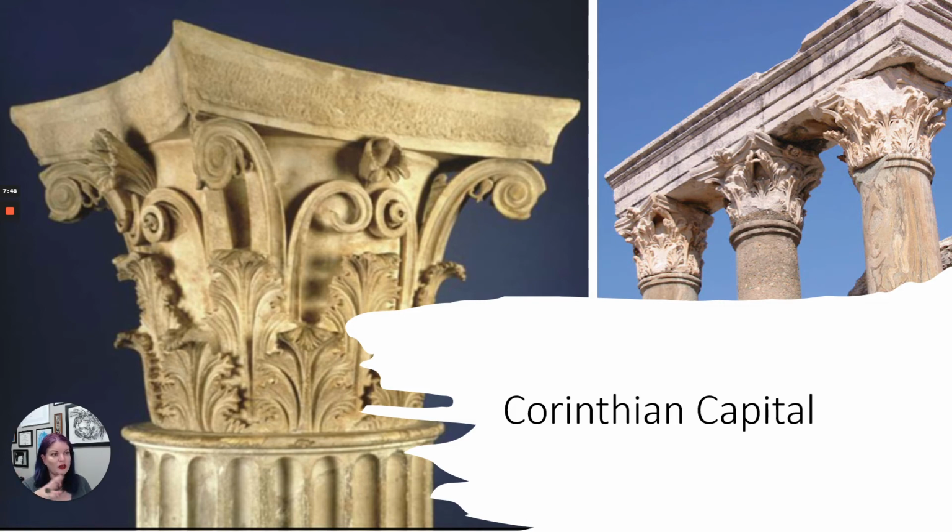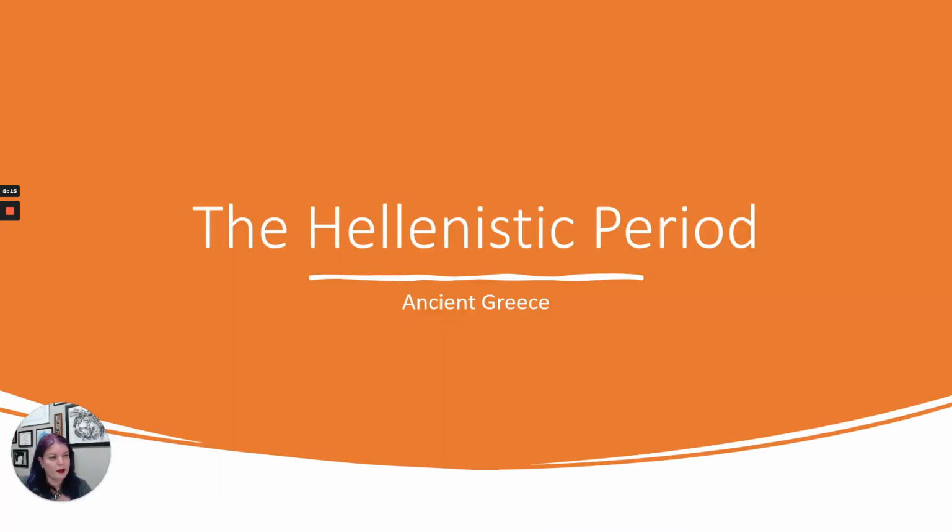So Corinthian, if you were to identify it, you would look at this, like this is the capital of the columns, and you'll notice we have the volute, the twirly things like we have in the Ionic order, but we also now have some foliage. We have some leaves in here. So it's a little bit more decorated. It's a little bit fancier, and so we call that a Corinthian column. Okay. Next, we'll talk about the Hellenistic period.